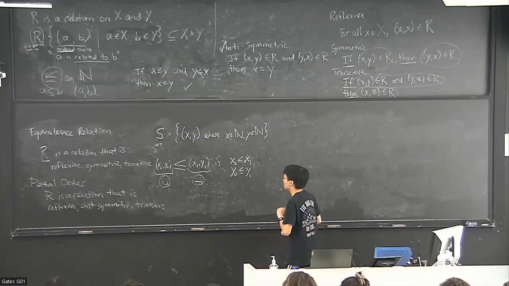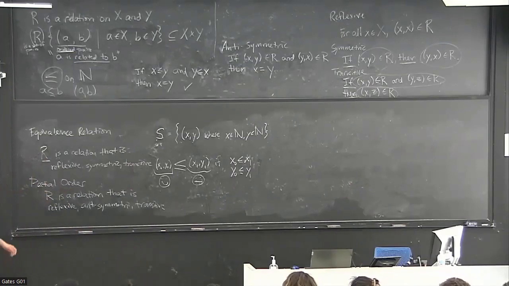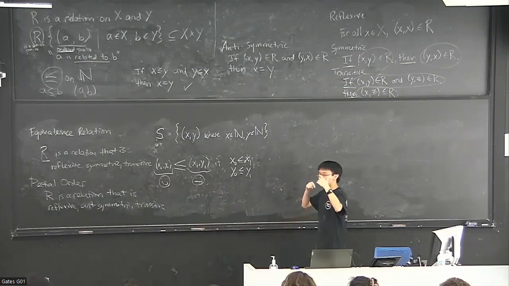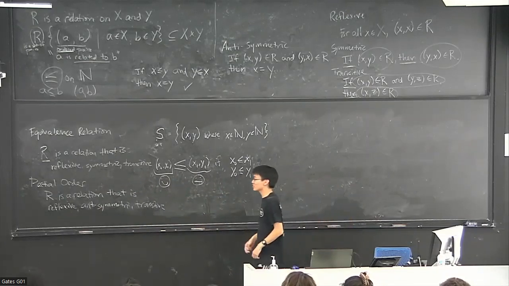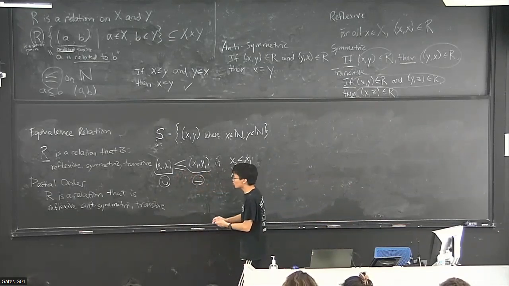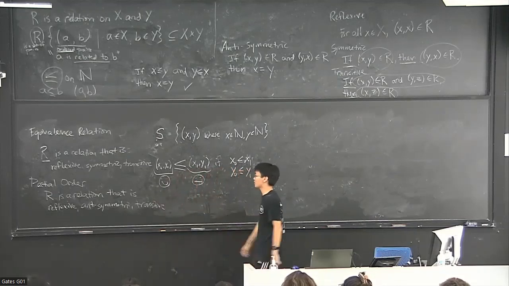Now I want to define an equivalence relation. An equivalence relation is, in a sense, a way of saying that things are equal. A partial order is a way of saying things are less than or equal to.